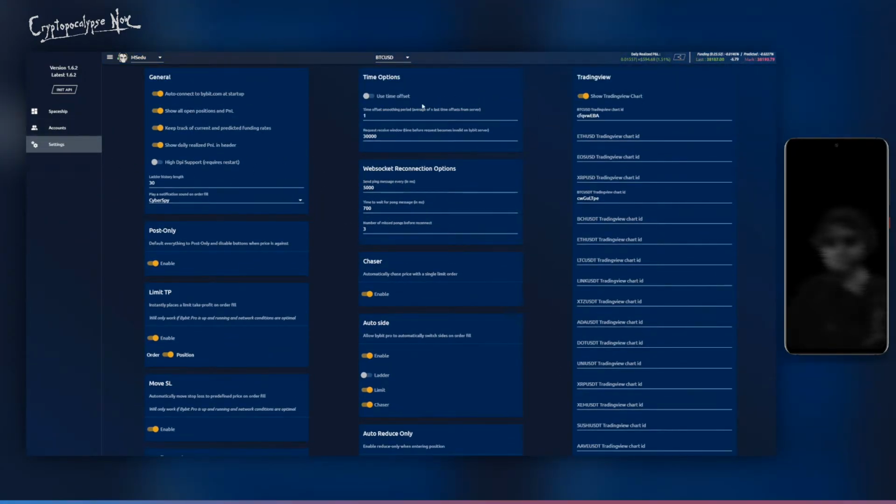WebSocket, I don't have any issues with. These are advanced settings for people that are having issues with connections. If you're using VPN, if you're traveling, or just using VPN in general, which is a good idea when you're trading crypto, make sure you're using something that gives you a solid, stable connection, such as Proton VPN.